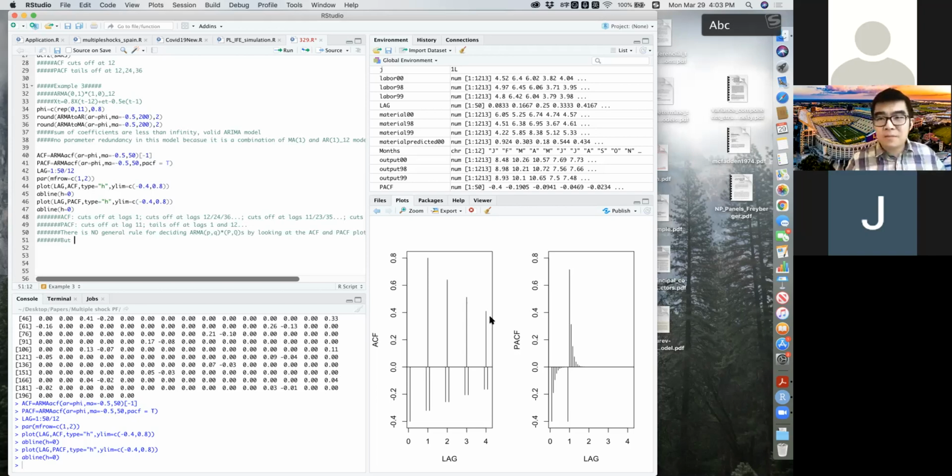But from my personal understanding, we can combine the ACF and the PACF rules of the pure ARIMA model and the seasonal ARIMA model to decide which model we want to start with.